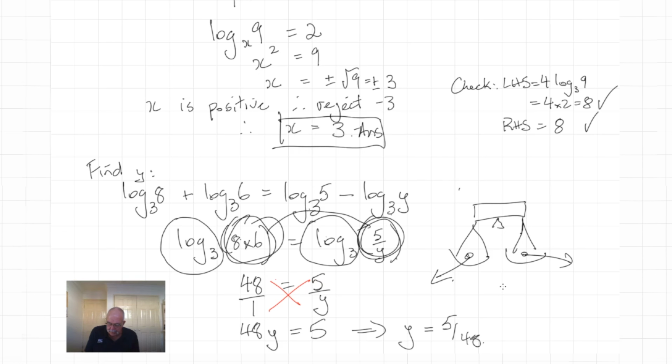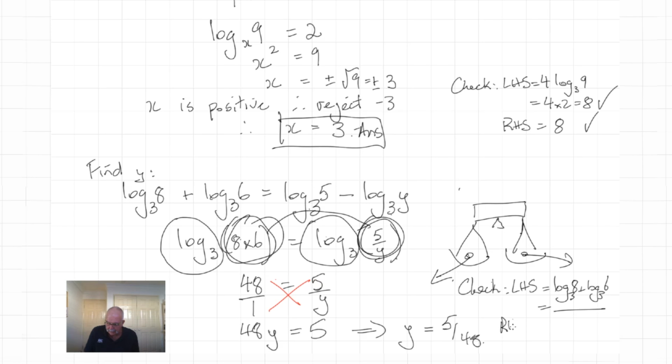Now what I suggest you do is a check on the left hand side and right hand side. I'm not going to do it now, but you should do it. The left hand side is log of 8 to base 3 plus log of 6 to base 3. Work that out as a decimal on your calculator.